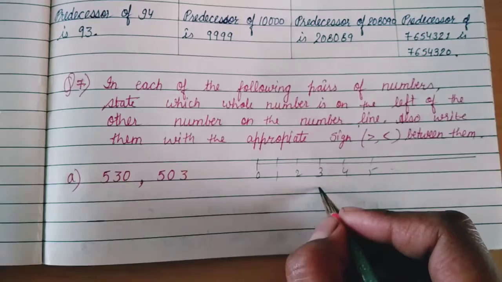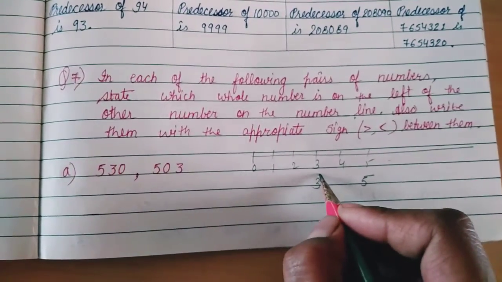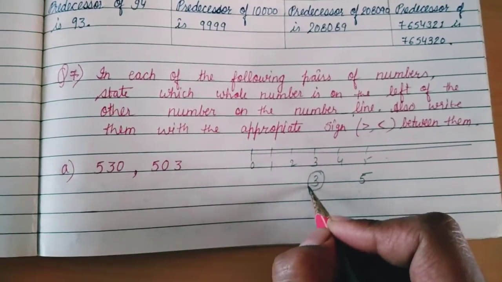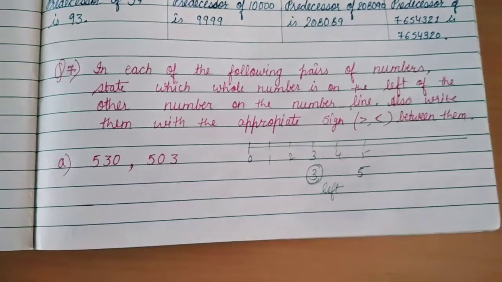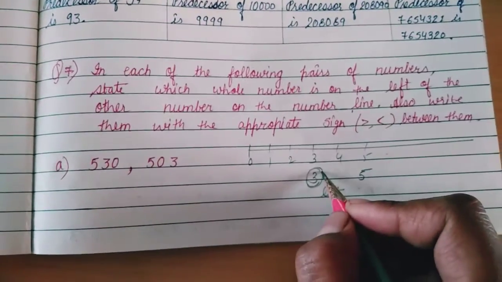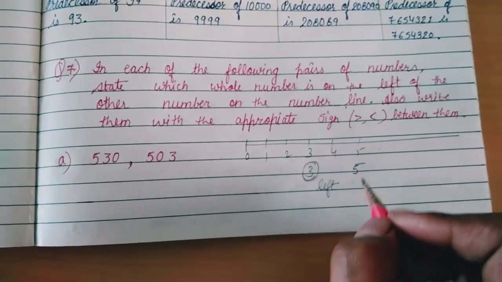But when you compare 3 and 5, at that time you can simply see the smaller one is on the left of the greater one. So this procedure we will follow.